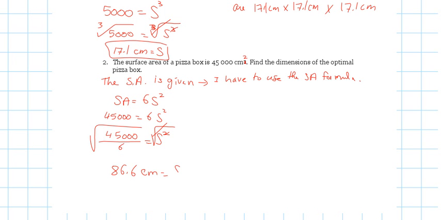So make sure you enter this properly in the calculator. You either want to do the 45,000 divided by 6 first, then do the square root, or if you want to do it all together, make sure that you put this in brackets, because you want the whole thing to be square rooted.